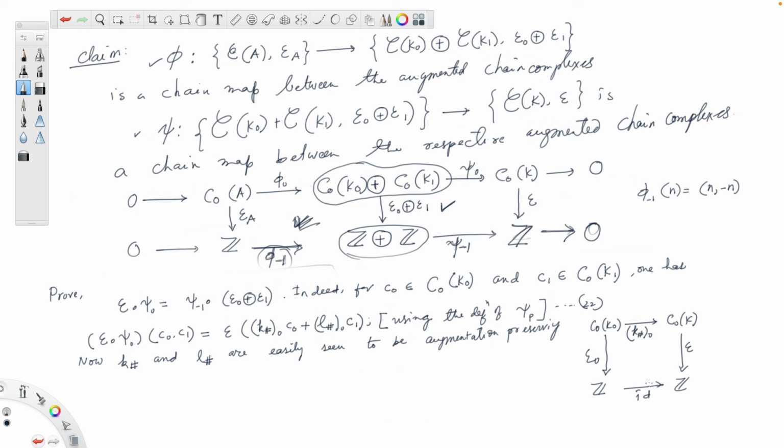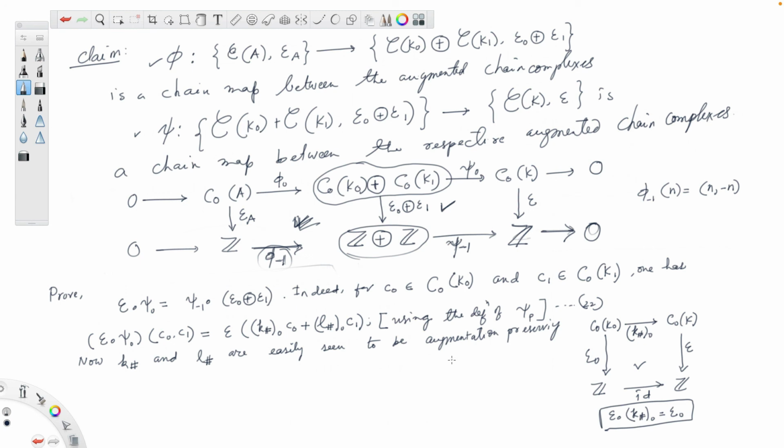So one can check that epsilon composed with K hash at 0 is equal to epsilon 0. This is one commutative diagram from which follows this equality.